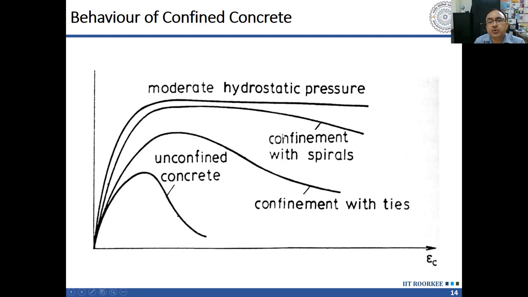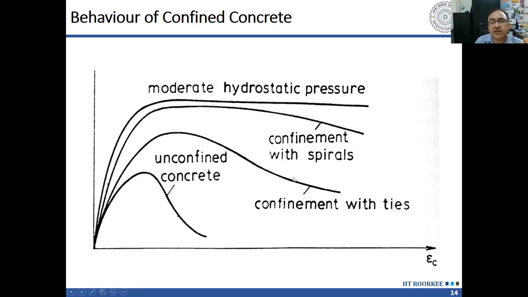Then if I'm using spirals, in the case of circular columns, we can use spirals. If we are using spirals, then I will get close to hydrostatic pressure, although there will be some degradation because spirals are not confining the concrete continuously. If I'm using circular ties or rectangular ties, then I will get a curve like this.